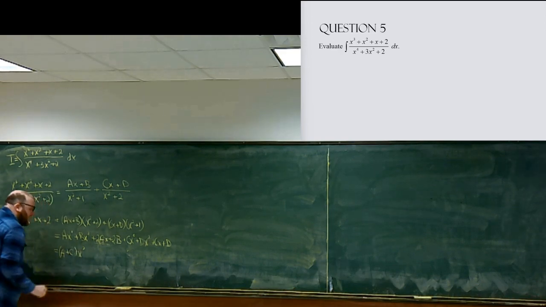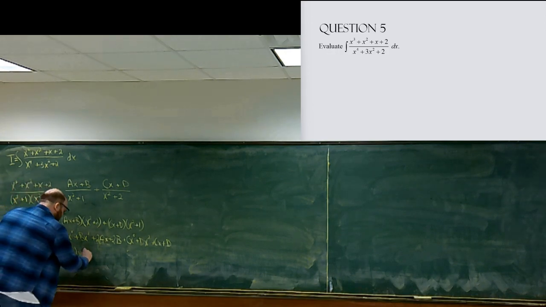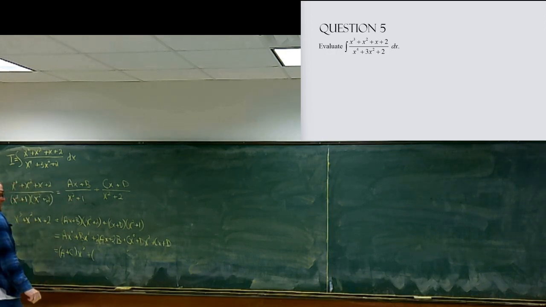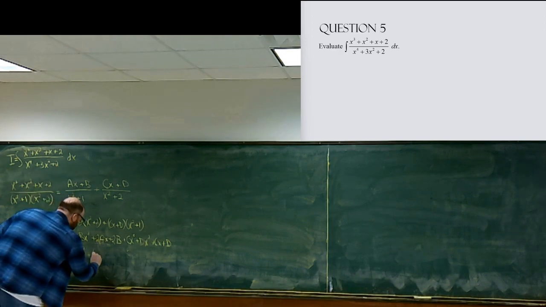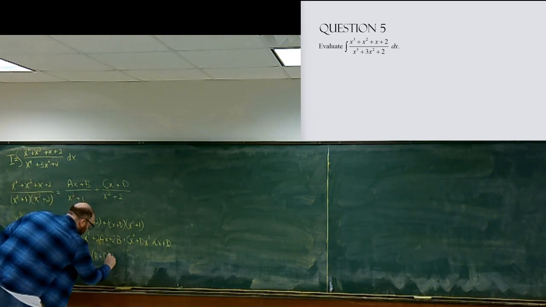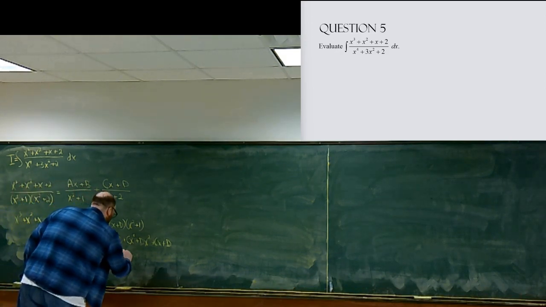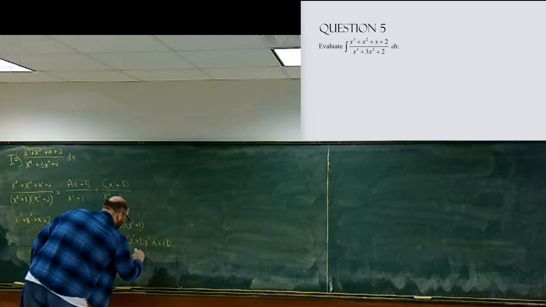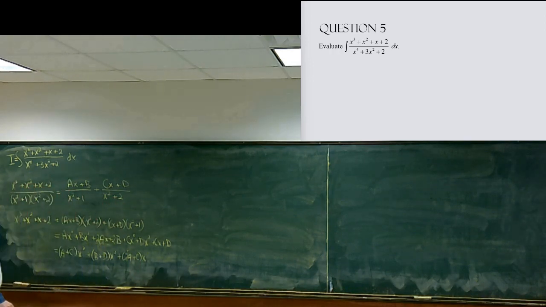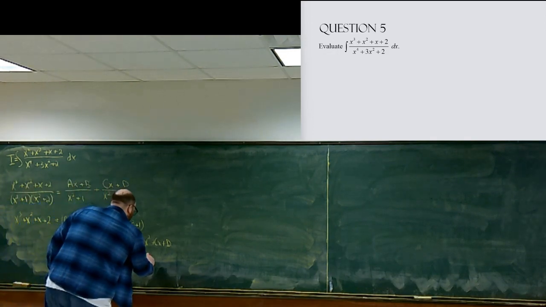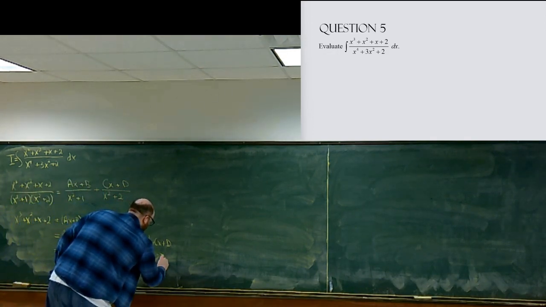For x cubed, you should get a plus c. For x squared, b plus d. For x, 2a plus c. And then the constant, 2b plus d.